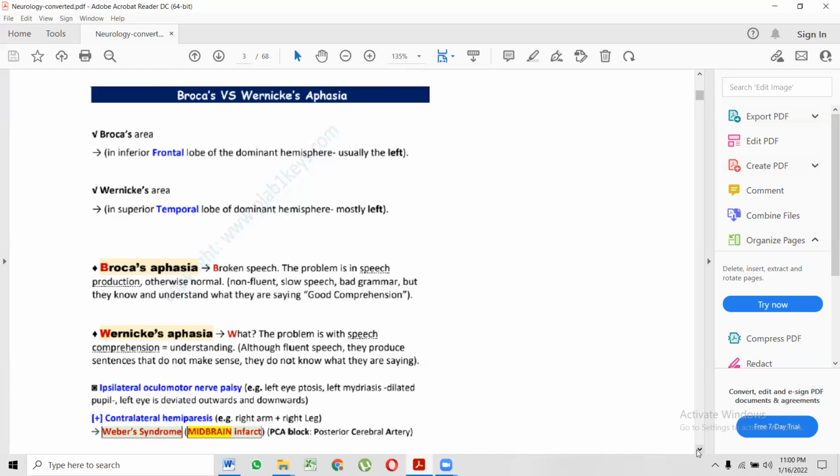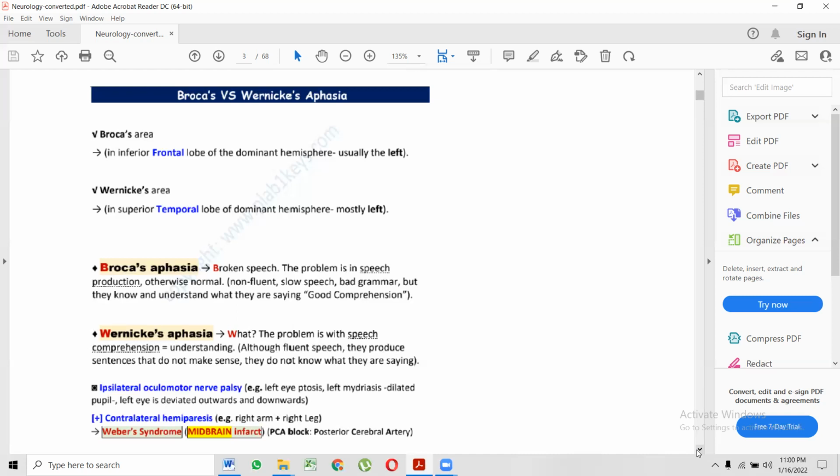On the other hand, Wernicke's aphasia. In Wernicke's aphasia, patient comprehension or understanding is disturbed. Although the speech is fluent, patients are unaware of what they are saying.